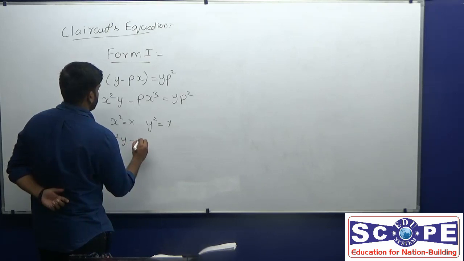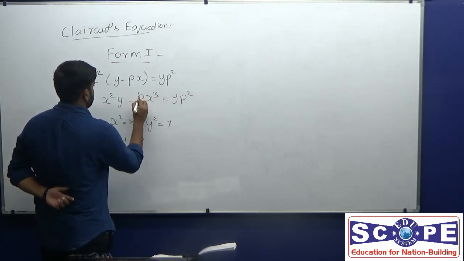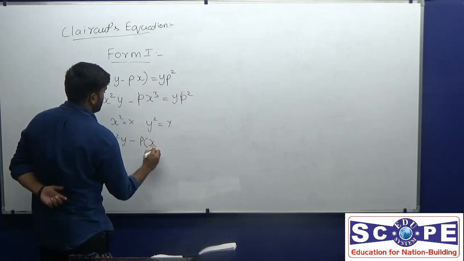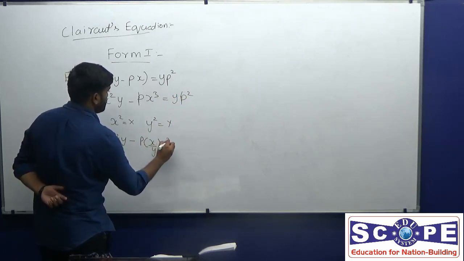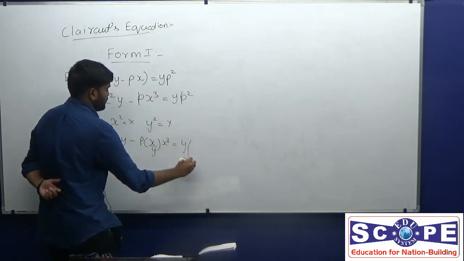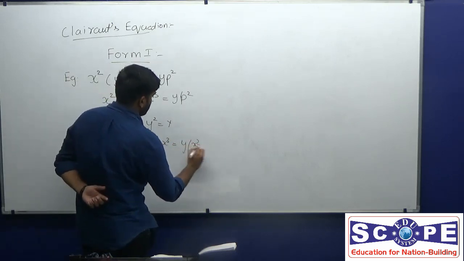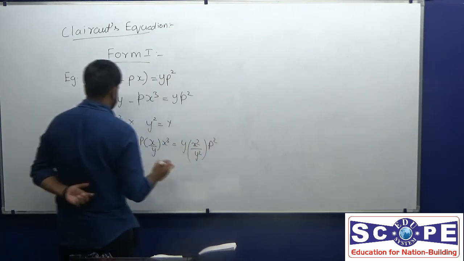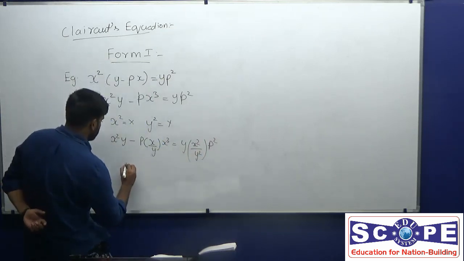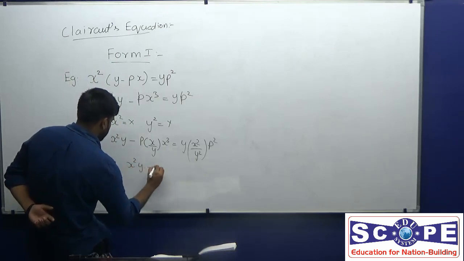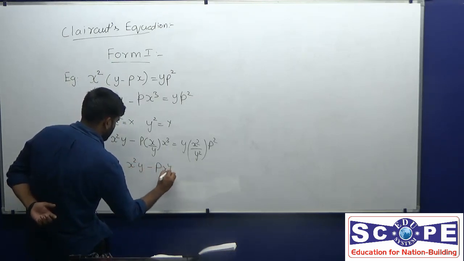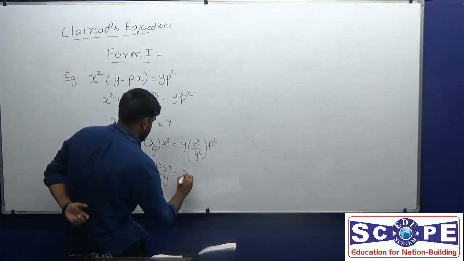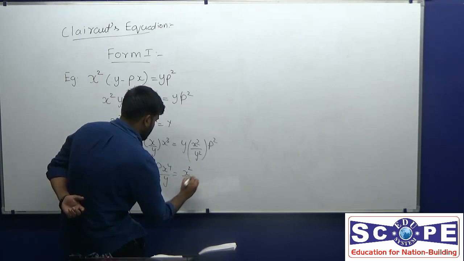This p we can write as capital P into x by y, x cube equal to y into x square by y square into p square. So this is simply x square y minus p x power 4 by y equals to x square by y p square.